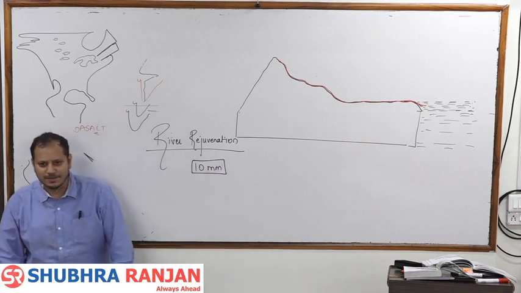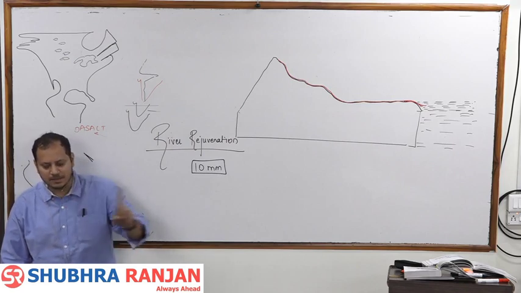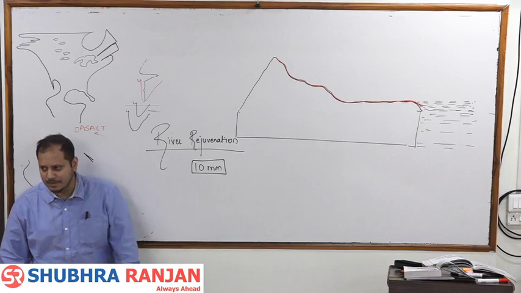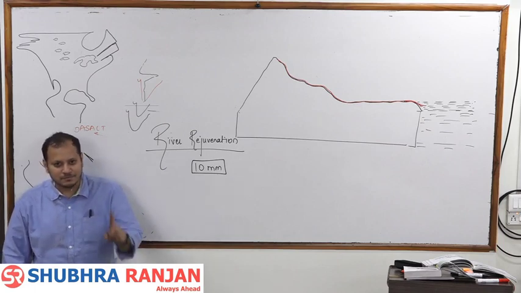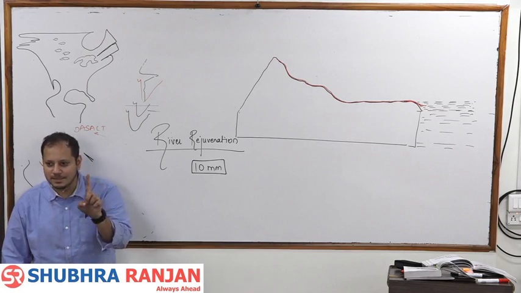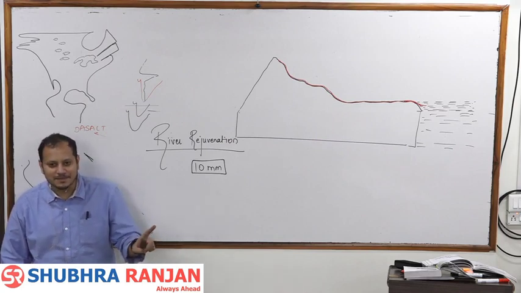That is not much. If the temperature increases by 1 degree Celsius, the sea level is going to increase by 10 millimeters. But now listen to this statistic. For every 1 millimeter change in the sea level, 700 million people are displaced. So if the sea level increases by 10 millimeters, how many people will be displaced?